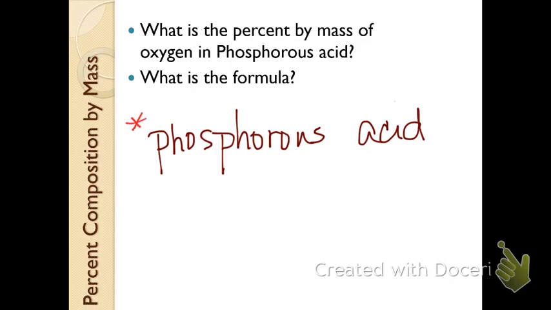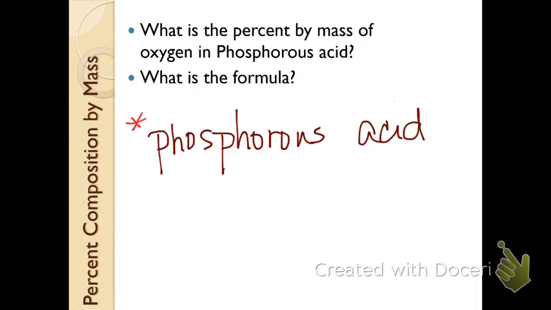Phosphorus, sulfur, and carbon become special when you make them into an acid. Instead of it being phosphus, it's phosphorous, or sulfus becomes sulfurous, or carbonus becomes carbonous. So those names change when it comes to acid. This is that special name.